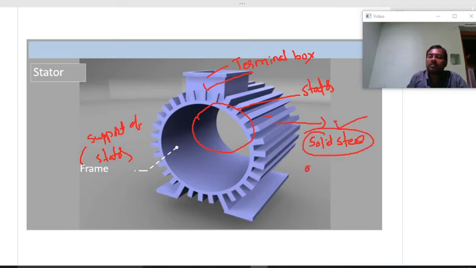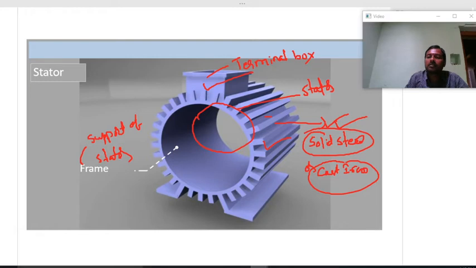Most of the machines are designed with cast iron. For special purpose machines, solid steel is used, and for general purpose machines, cast iron is used to make this frame.